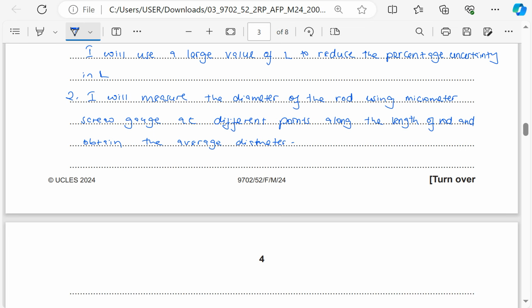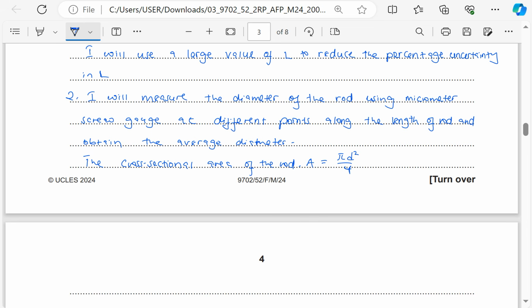Okay, so why do I need the diameter? I will have to tell the examiner what the cross-sectional area of the rod will be. The cross-sectional area of the rod A is equal to pi d squared divided by 4, because with diameter, area is pi r squared.